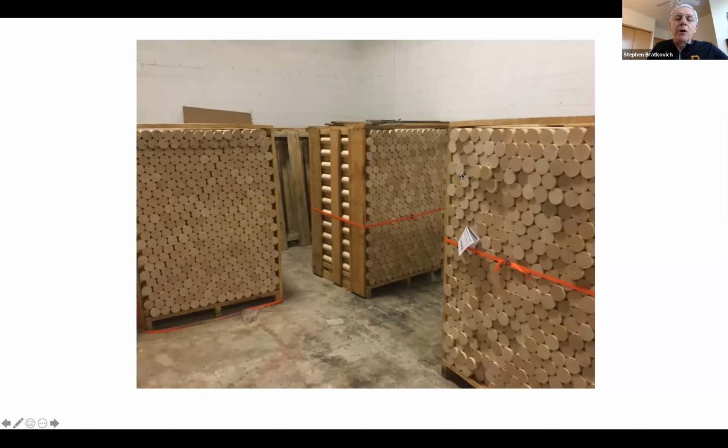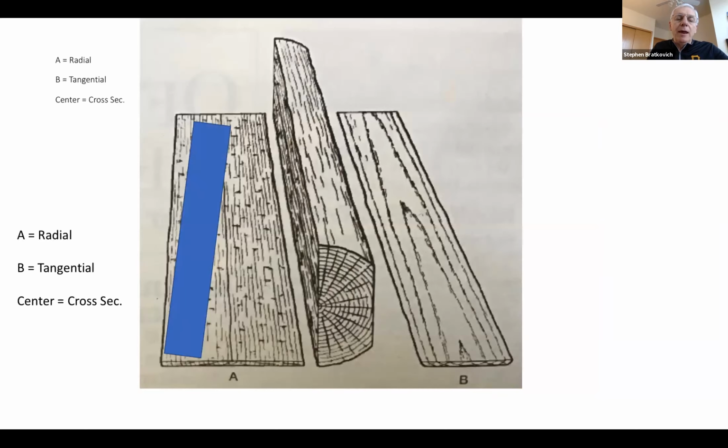So the bat maker gets these, but if the billet was sawn at an angle, because you can't see the grain on maple, a billet sawn out of that wood looks pretty straight if you just pick it up, because you can't see the grain.